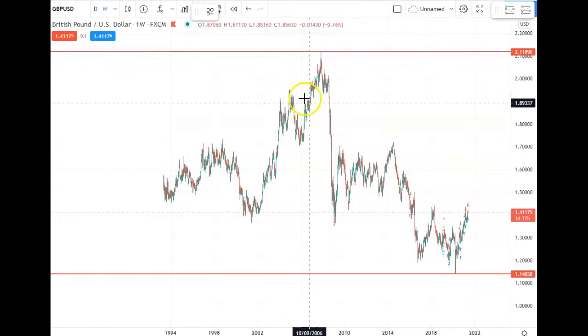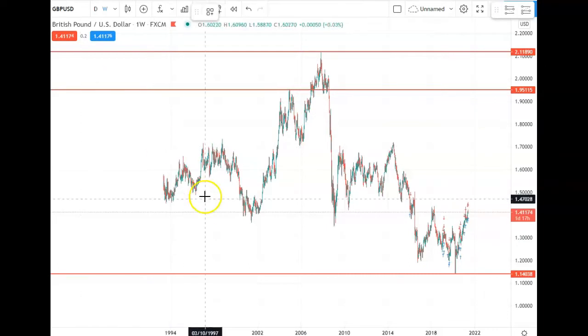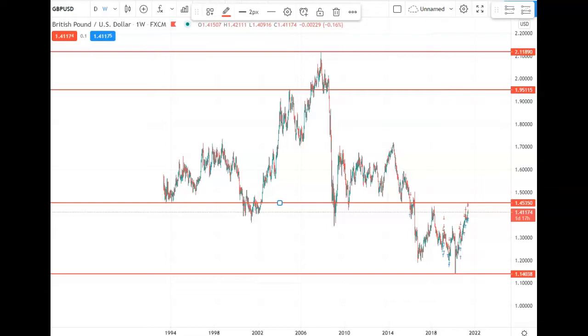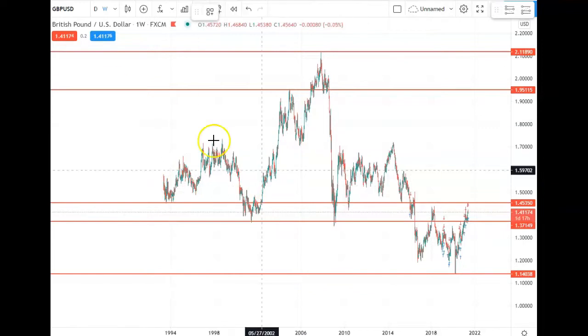And so these peaks represent areas of resistance, and the bottoms represent areas of support, right? Areas of support. And those areas of support start to stack.